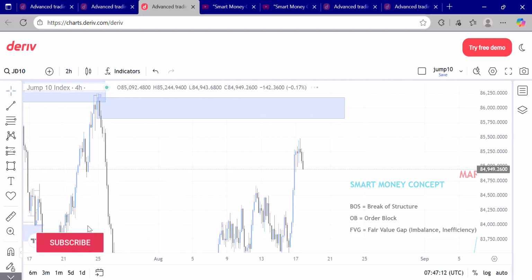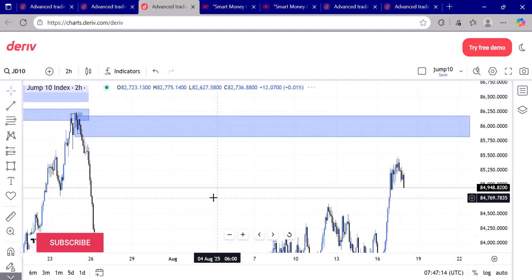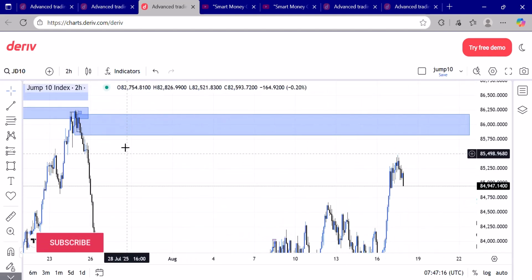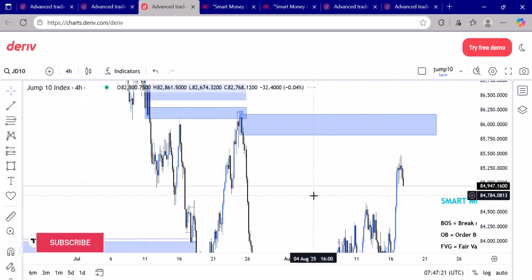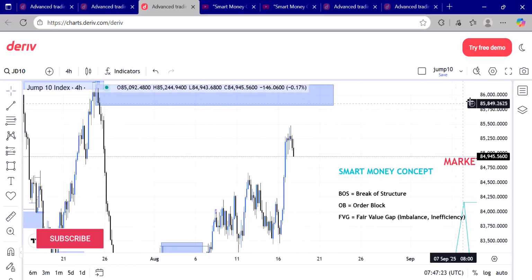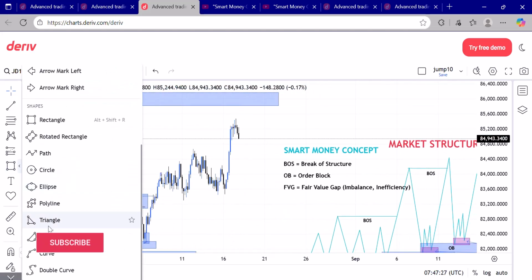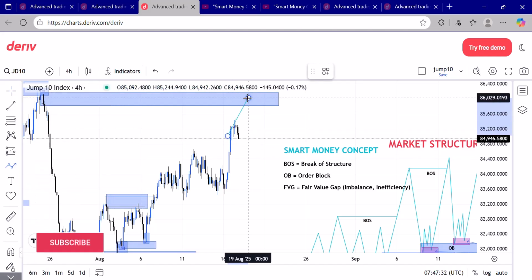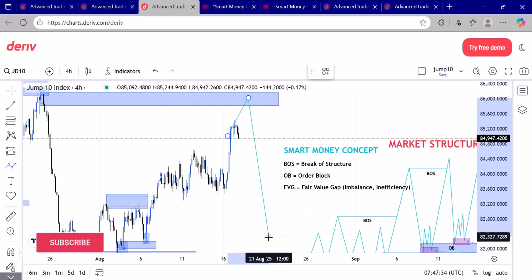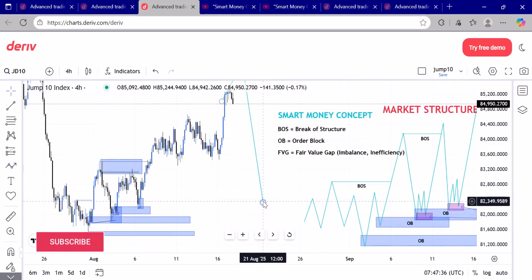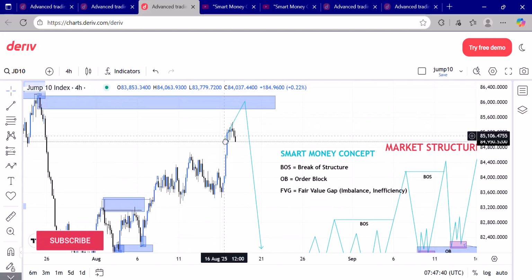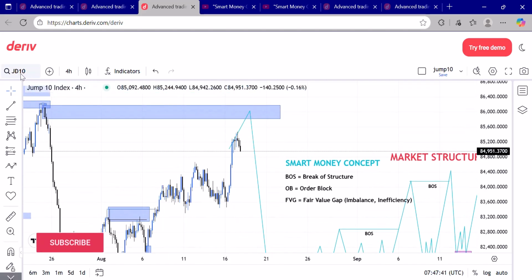If we go to our 2 hours time frame, there's really nothing to refine there either, so let's just stay with this 4 hours time frame. We are waiting for price to come into this zone, tap into that zone and then sell off. So this is what we are looking for in Jump 10 Indices.